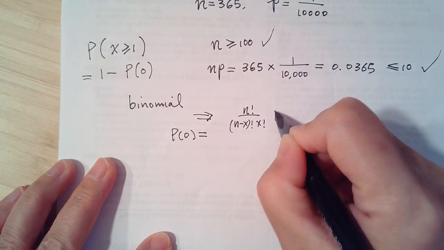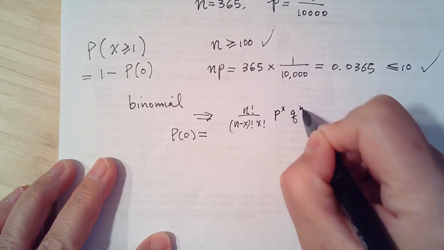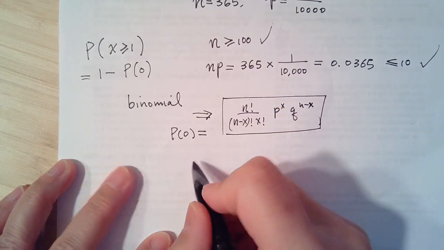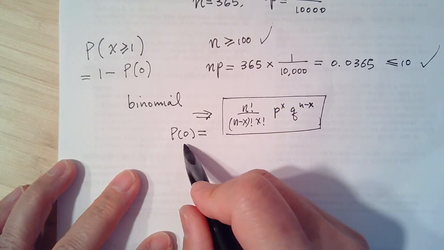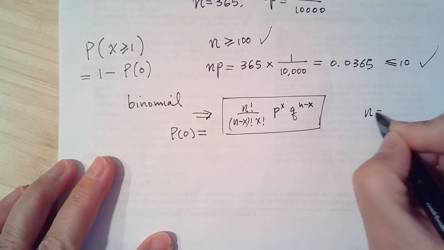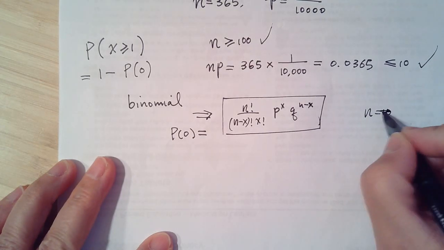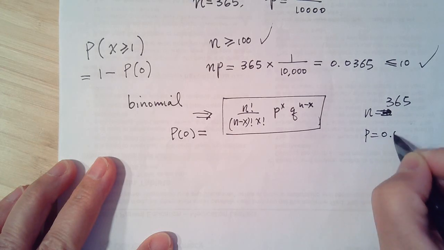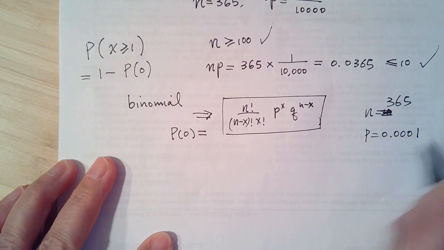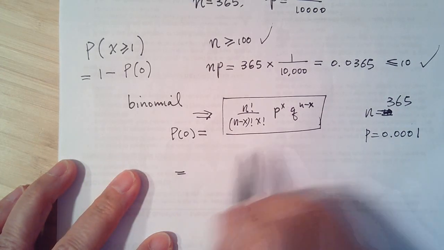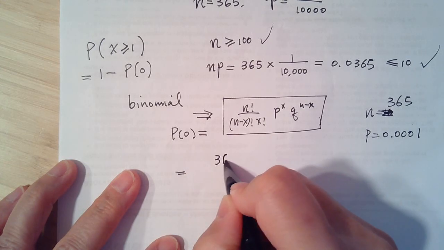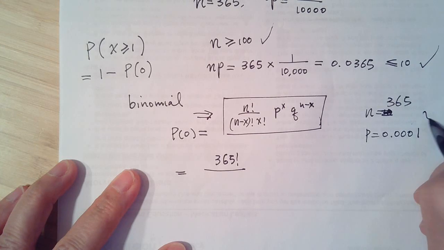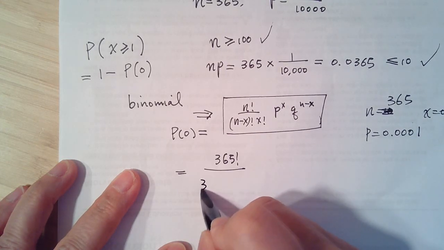In this case n is 365 and p is 0.0001. So n factorial is 365 factorial, and n minus x is 365 minus 0. 0 factorial by definition is just 1, so that whole part is just 1.